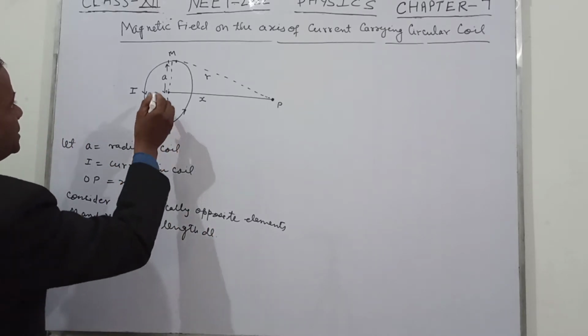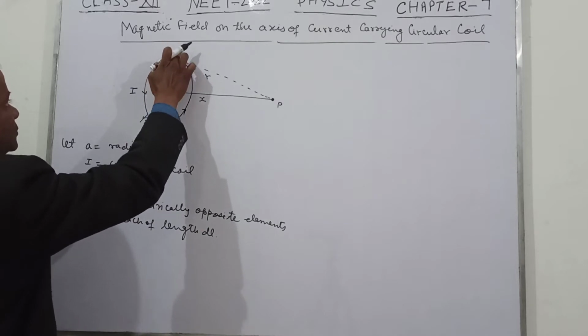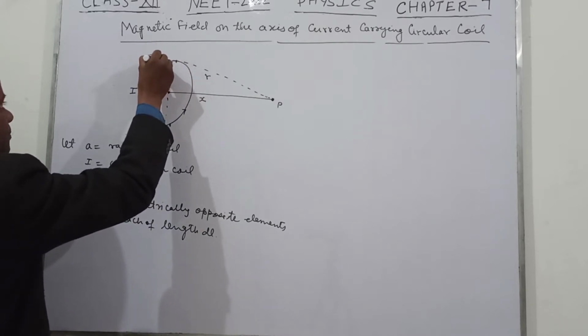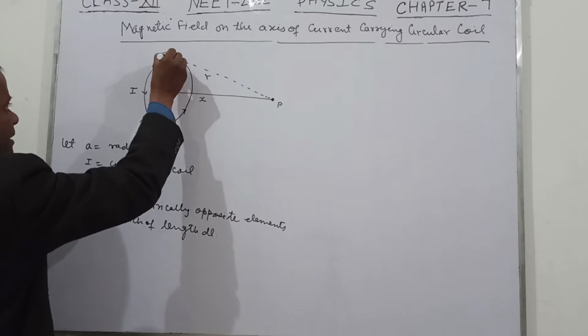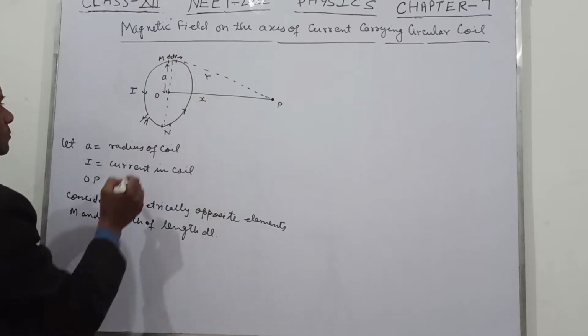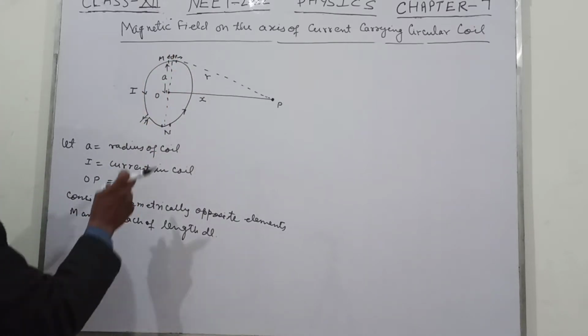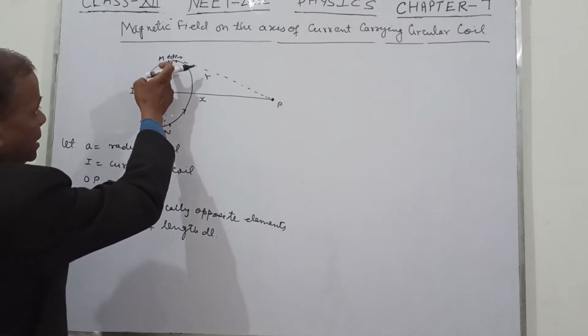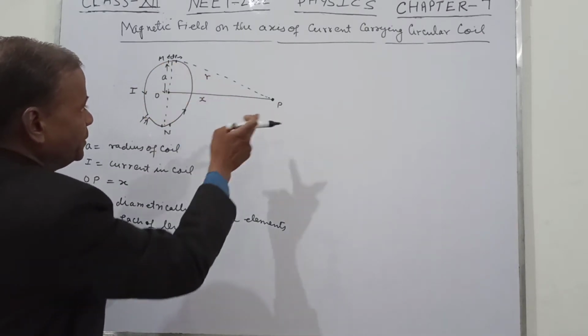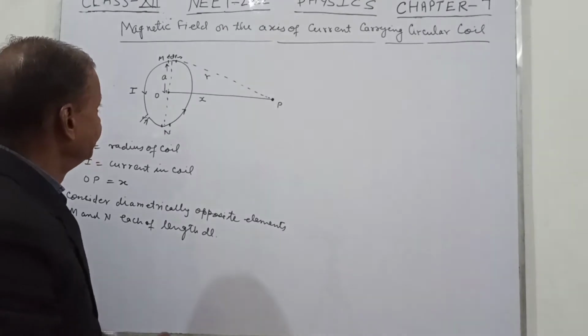So this length is dl, this is now length dl. Here we take this M and this is length dl. This length is dl. So the angle that this dl makes with this line OP will be equal to 90 degrees.